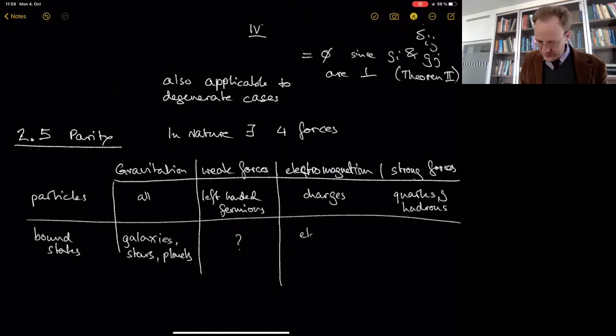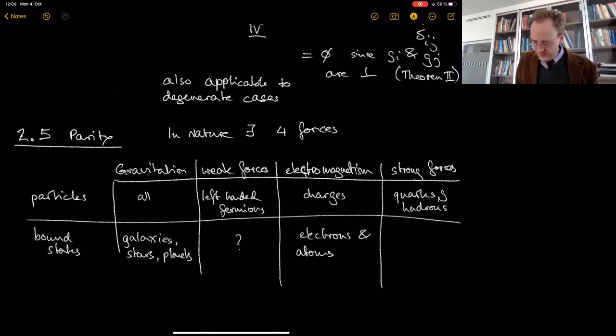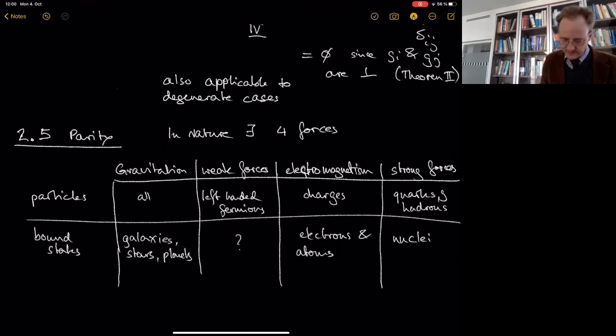We have electrons and atoms, and these are the nuclear forces, so nuclei, kept together like this.